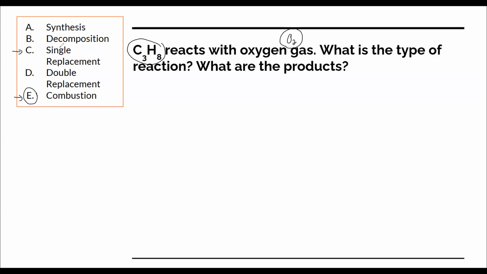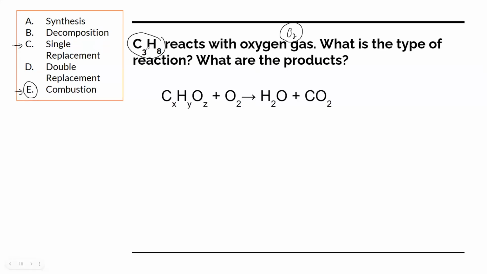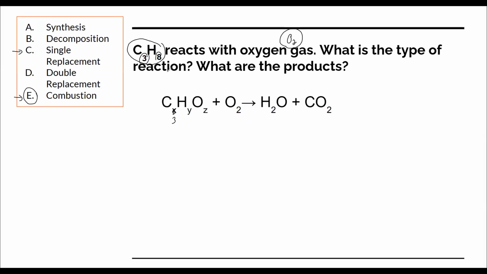It is definitely a hydrocarbon there in the front, because we have 3 for our X's and 8 for our Y's, which is a typical hydrocarbon plus oxygen gas, and that always yields water and carbon dioxide. Hydrocarbon combustion products are always water and carbon dioxide. So I don't have to do any fancy crisscrossing or foiling or anything like that.